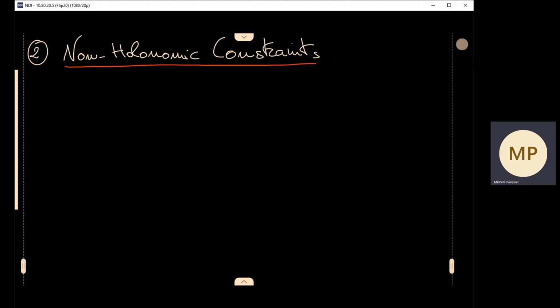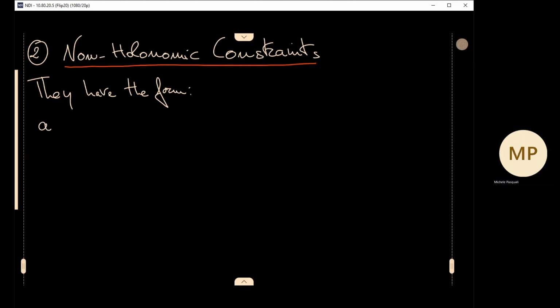What form do they have? They have the following form: A0, a vector having nc times 1 as dimension.